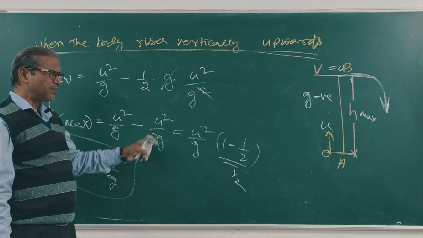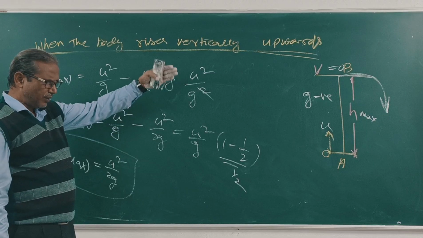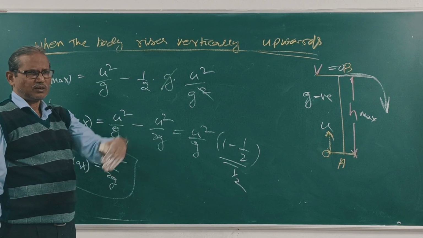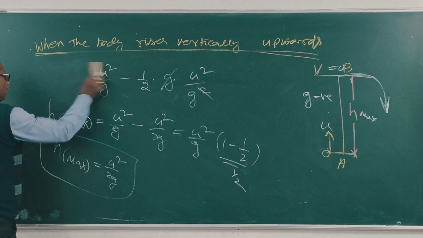That means the velocity is equal to 0, and from that point the body again turns to downward motion. This can also be found another way.